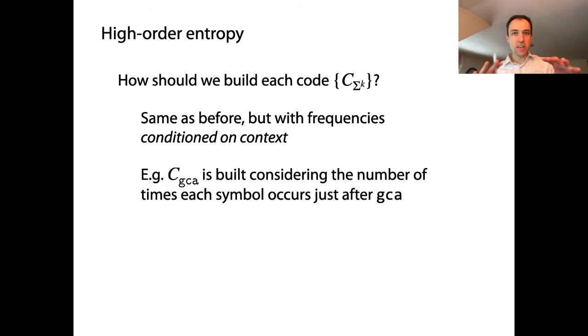We've really just taken the high order empirical entropy scenario and first stratified by context, or conditioned on context, I'll say it either way, and then said we're just going to use a normal zero order code for everything that has the same context. We've turned the problem into a sort of two-level hierarchy where first we have to figure out the context, then we can apply our zero order code.